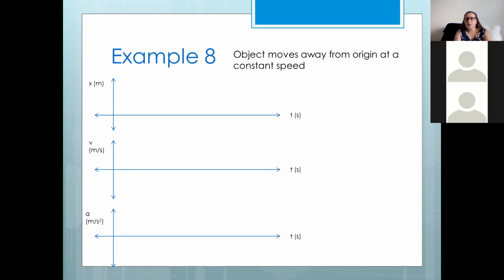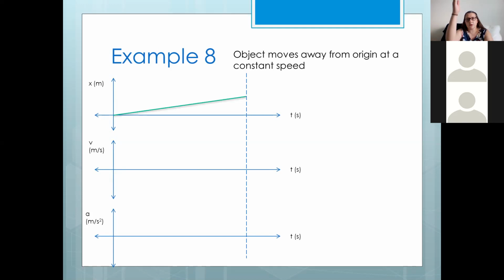If the object is moving away from the origin, that means its position is increasing. I didn't specify that it's moving forward, but I assumed that it was. And it's moving at a constant speed.